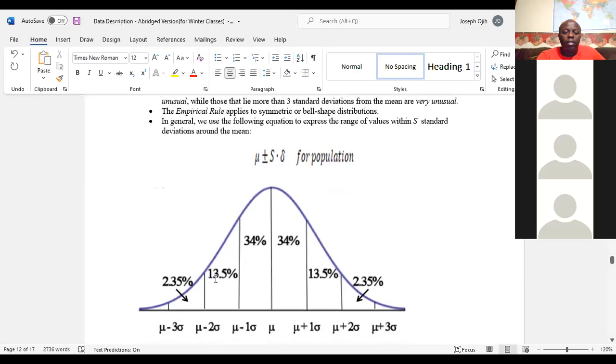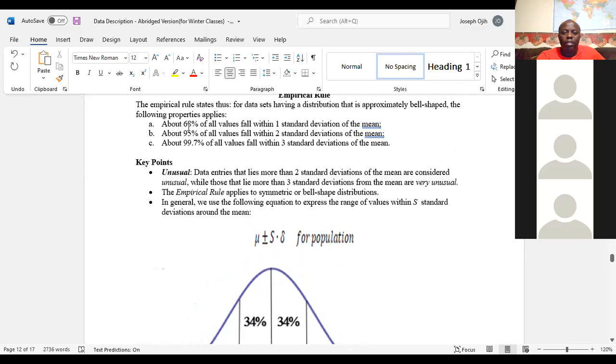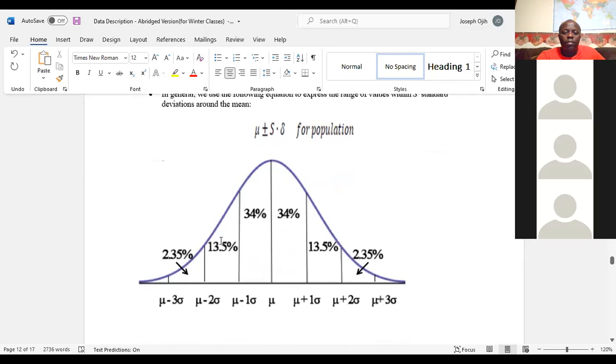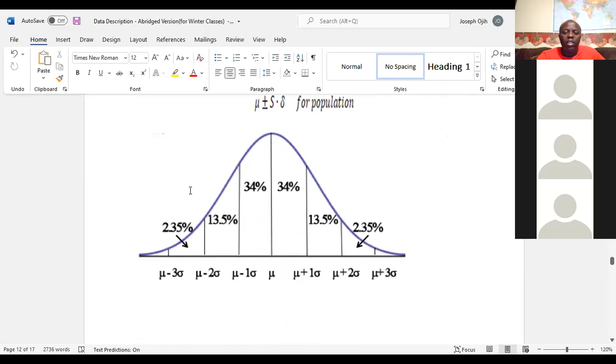If you look at the chart, from here to here gives us 34%, and both sides give us 68%. Now, if you add all this from the point with 2 standard deviations to the point with 2 standard deviations, you get 95%. And you will see that this is where most of them fall.